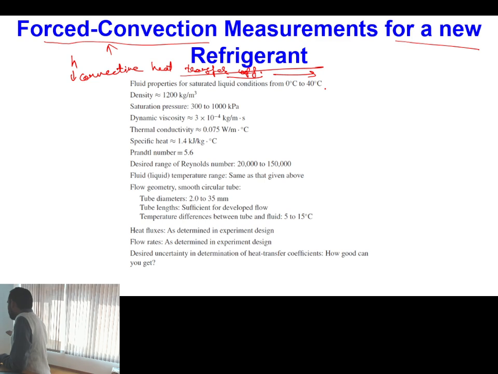For thermal conductivity, density, viscosity, and specific heat, we have many equipment or devices available with the help of which we can measure the value of these properties.